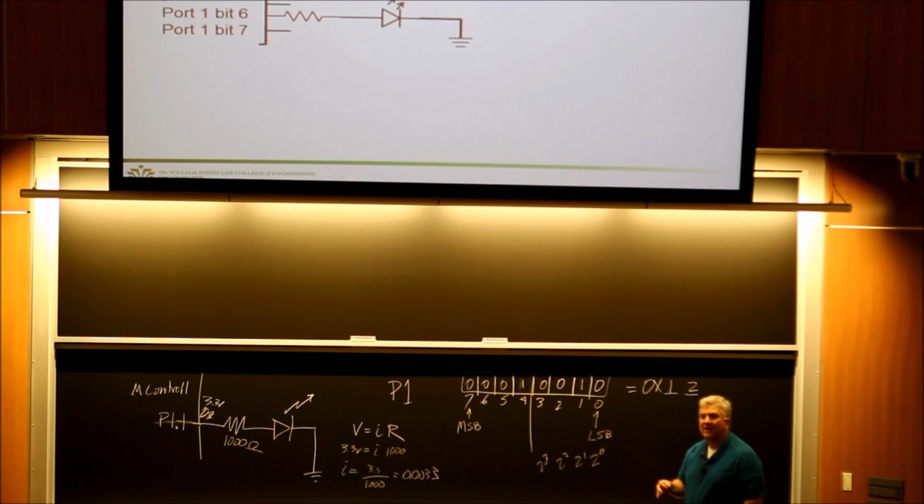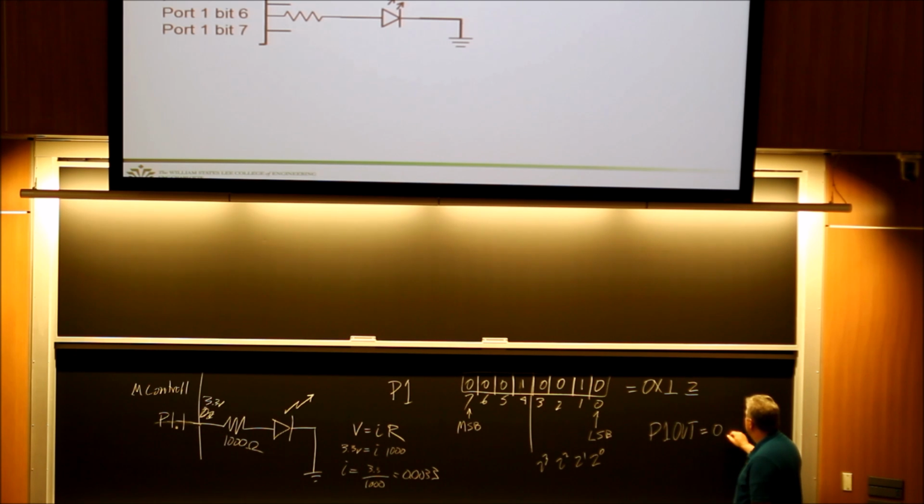So, all right, I'll give somebody else a chance. Who else? All right, go ahead. Capital P 1 capital O capital U capital T equals 0 1 0 0 0 0 0 1 semicolon. All right, that's wrong. Yes, sir.